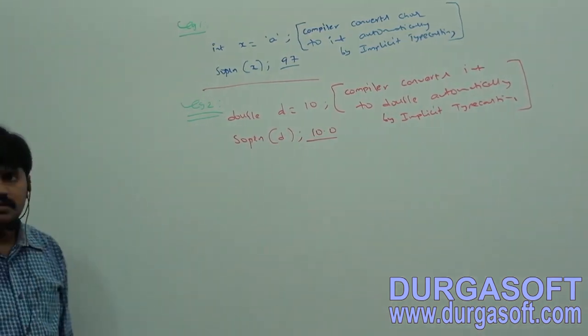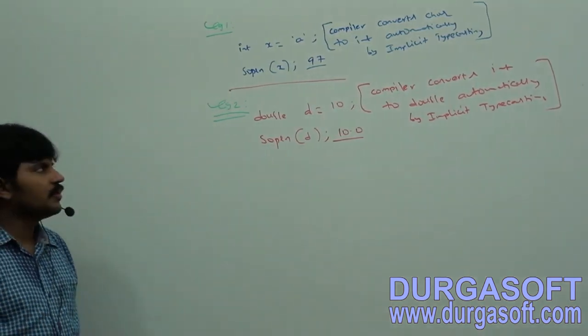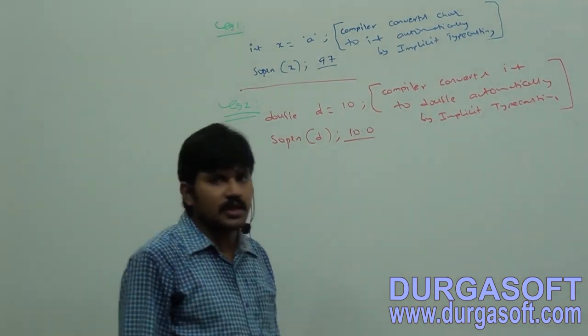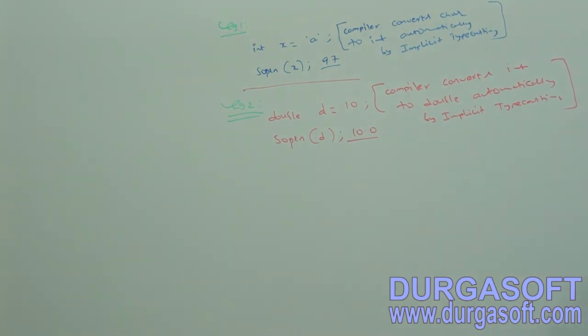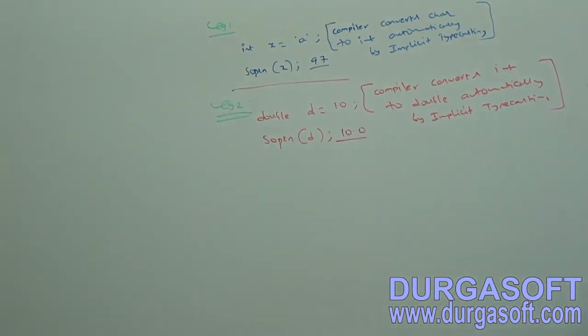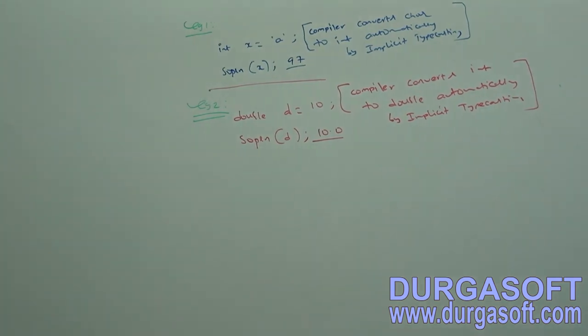The compiler converts char to int automatically by implicit typecasting.